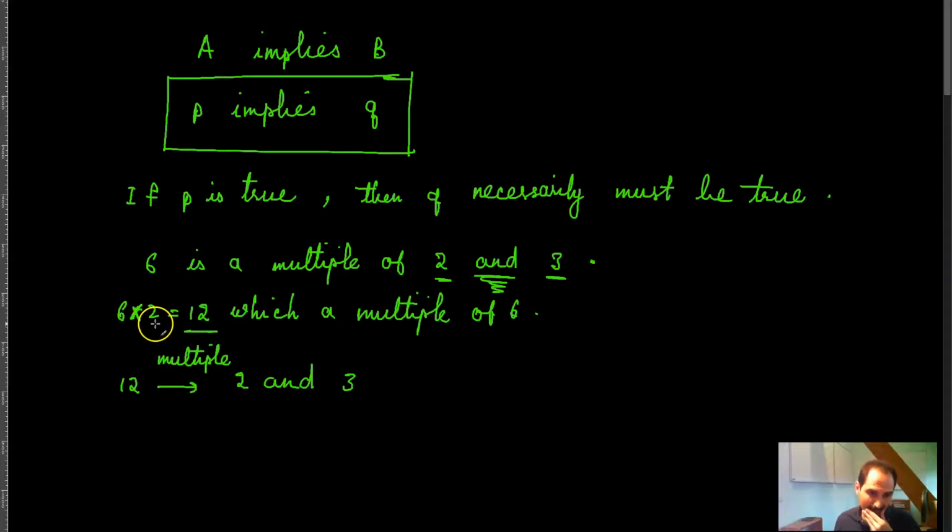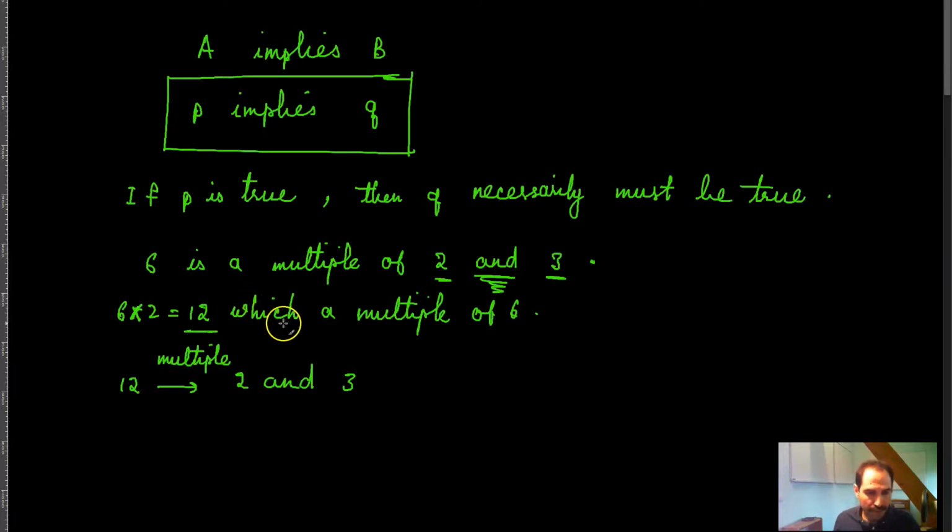It doesn't really matter what that number is, but as long as you generate a number using some number, then all the properties of that number in terms of multiples will be transferred to the new number, meaning that the new number, whatever that happens to be, is a multiple of 2 and also a multiple of 3, because 6 was a multiple of 2 and a multiple of 3, right?